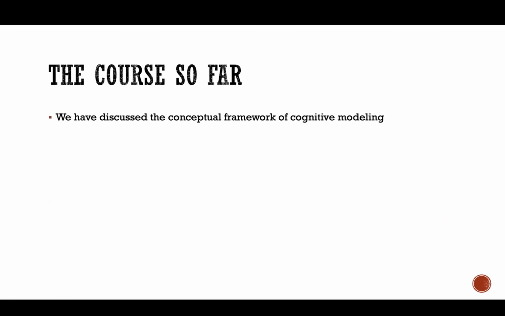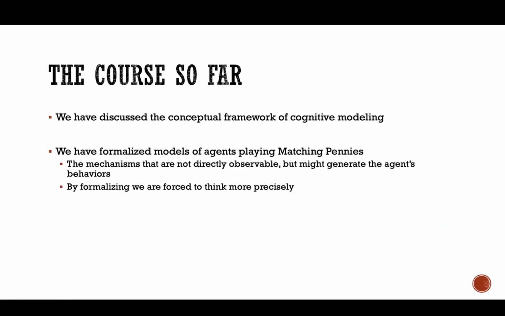So far, we have discussed the conceptual framework of cognitive modeling, what we're doing here. We have formalized models of agents playing matching pennies, where the mechanisms are not directly observable, but could generate the behavior that we observe. I've seen at least 4 of your group assignments, so I know you're doing that.